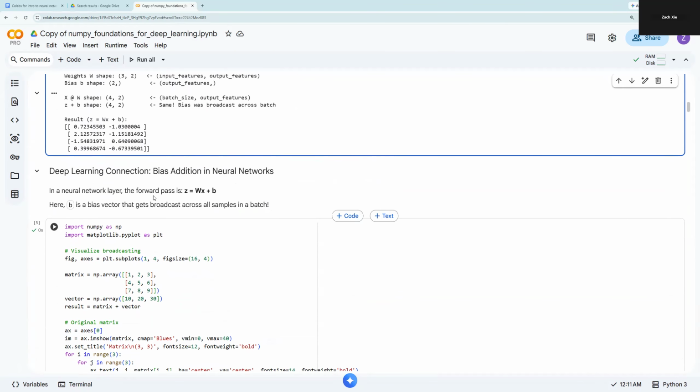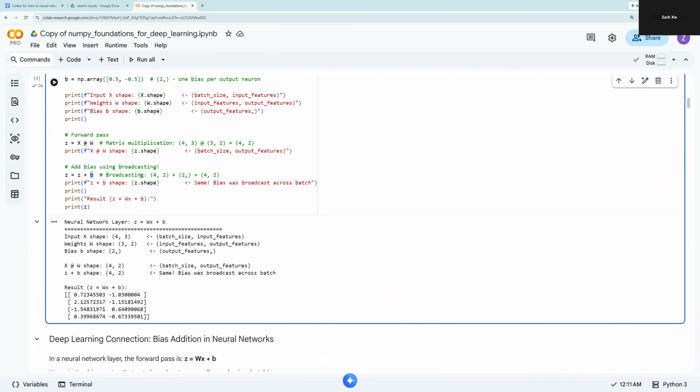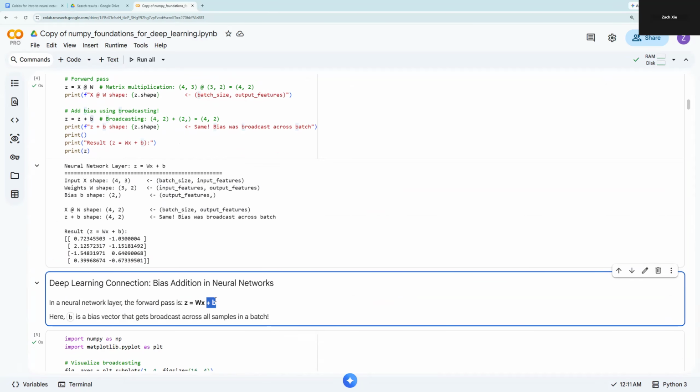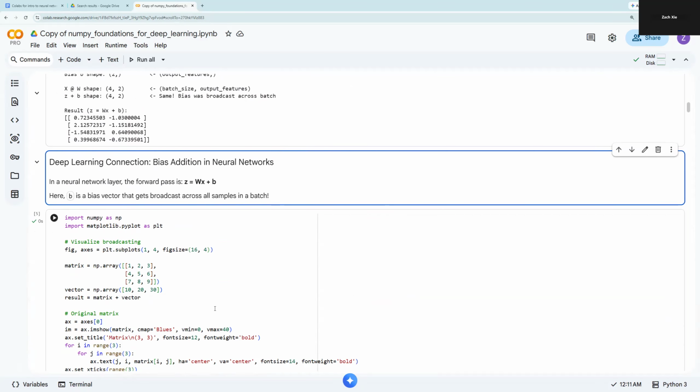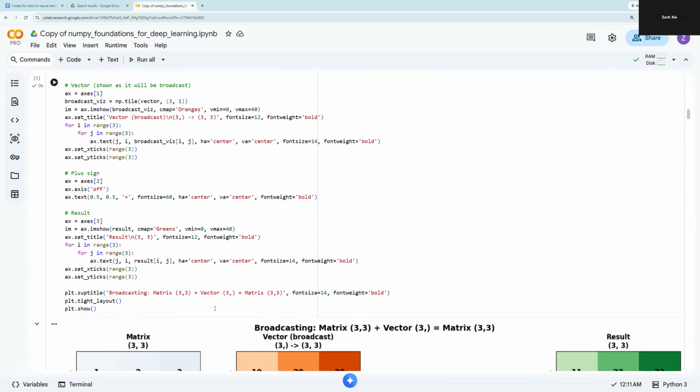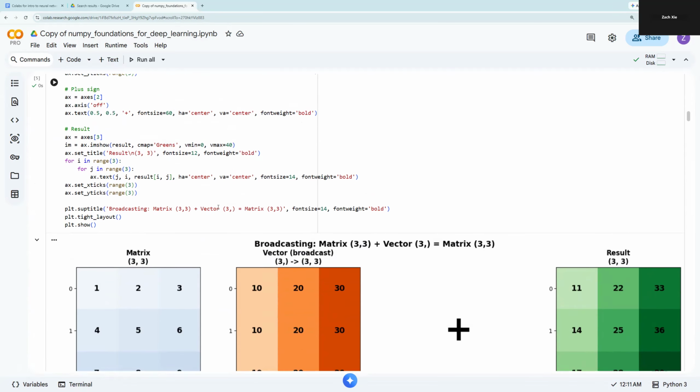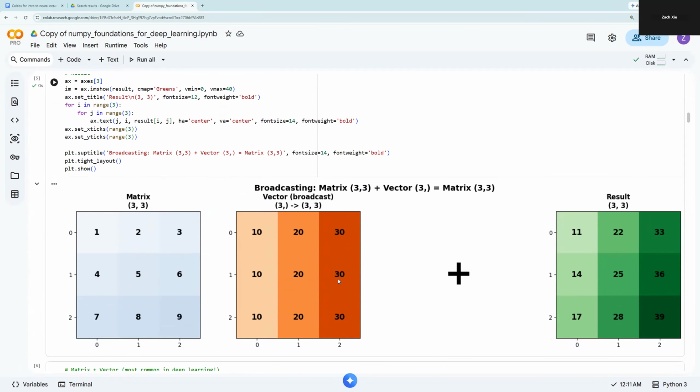So now we have the connection to the bias: in neural nets or deep learning, we always have a bias aside from weights times inputs. Then we can model more complicated models or relationships. This diagram or visualization tells you how the broadcast works.